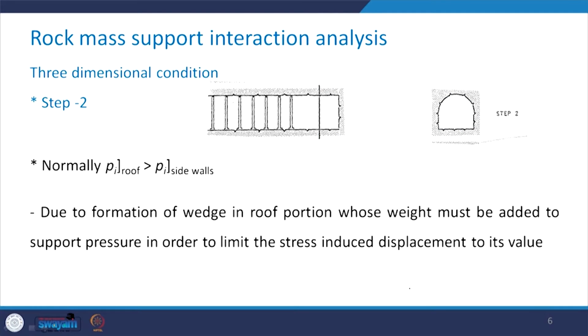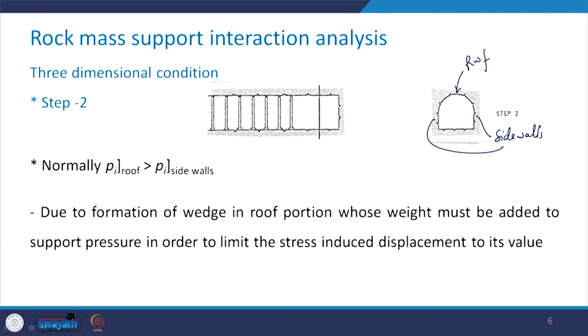But before that, you see here we take the same step and we have two portions of the tunnel. One would be the roof and another would be the side wall. That is, this is your roof and these are going to be your side walls.